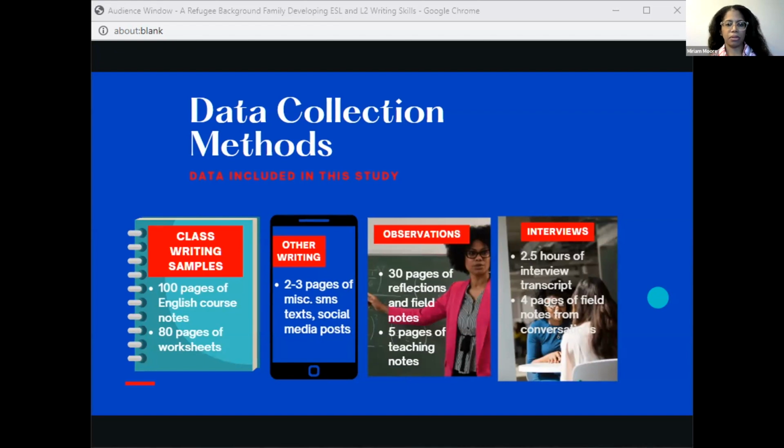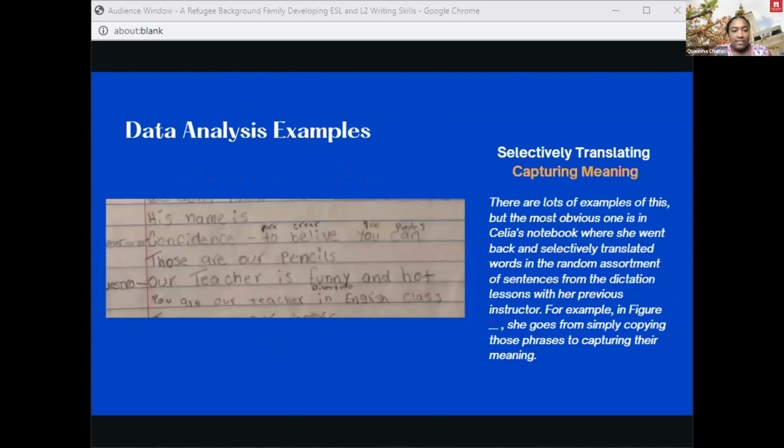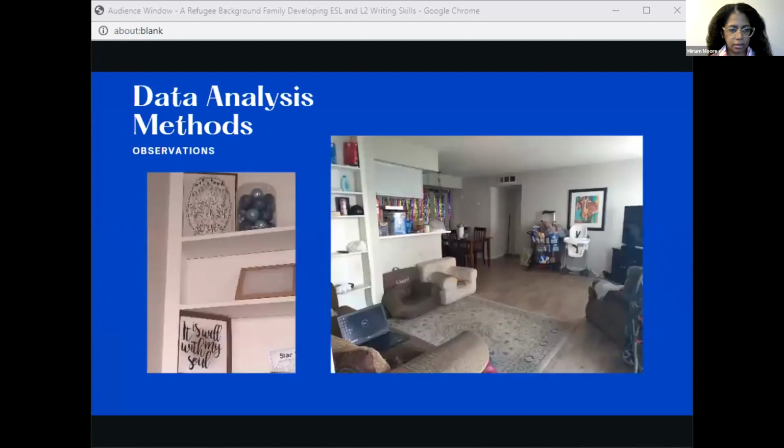In this example, Miriam, I don't think we're seeing the same screen as you. We only see the data collection methods. Okay. Yeah. Okay. So now we see the data analysis examples. Is that what you want us to see now? Oh, okay. So let me go back a little bit here. This is the screen with the writing. And so, okay, so that was the last screen you saw, was the context.